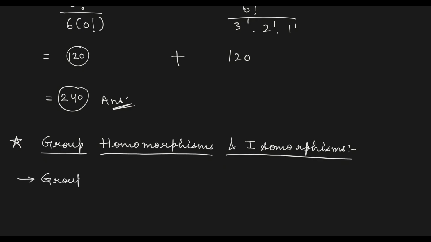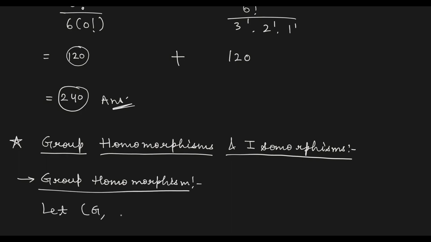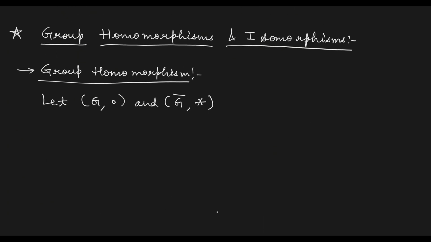Group homomorphism. Let G and G bar be two groups.